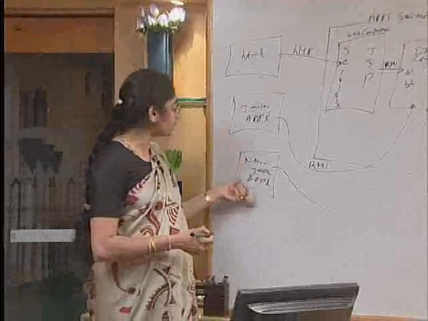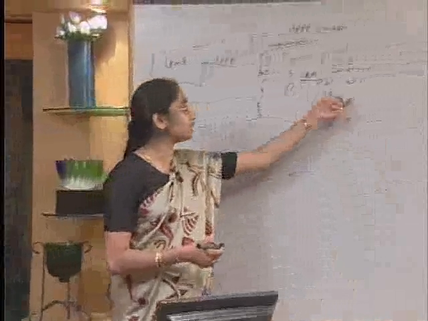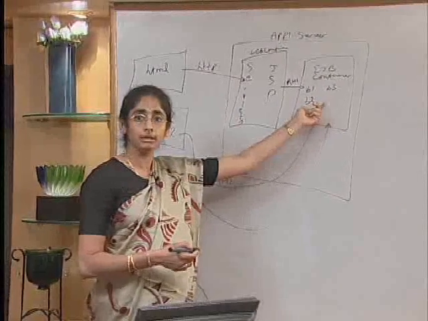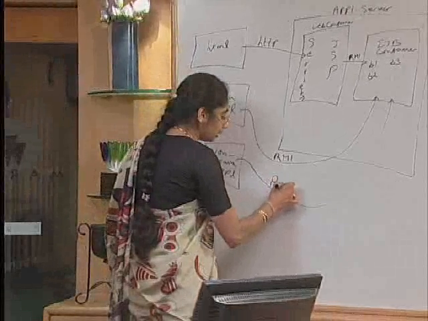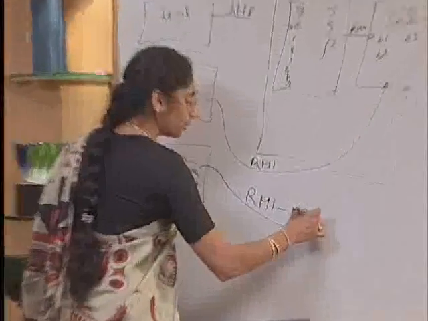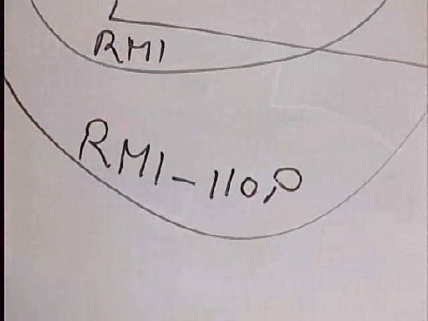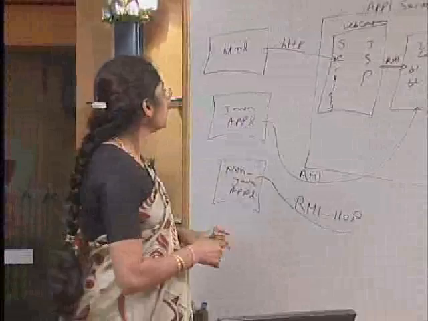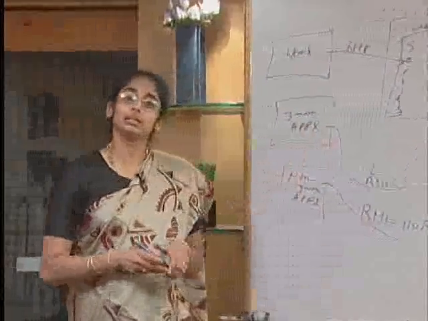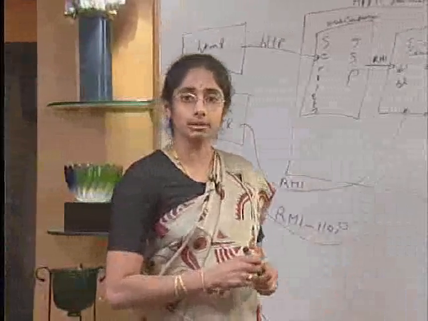If I want to have a non-Java application talking to a JVM, that is an EJB container, then we go in for the RMI IIOP protocol, that is Internet Inter-ORB Protocol. So, these are the different types of clients for the enterprise bean.